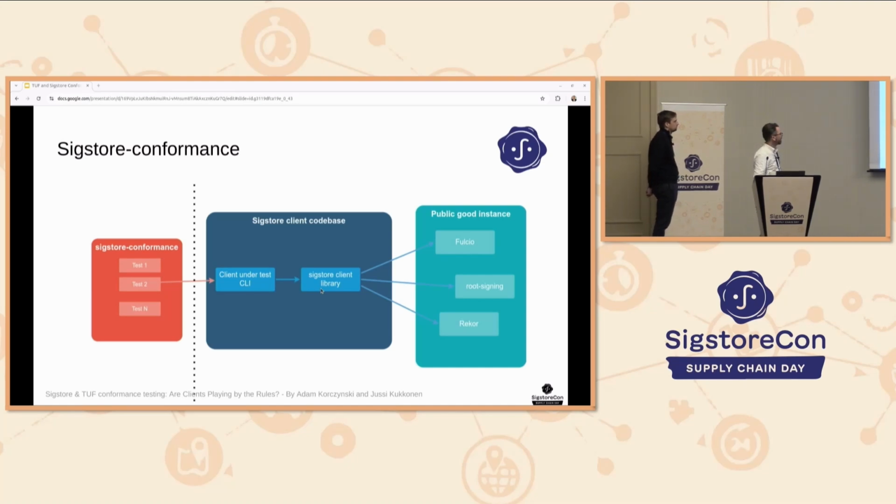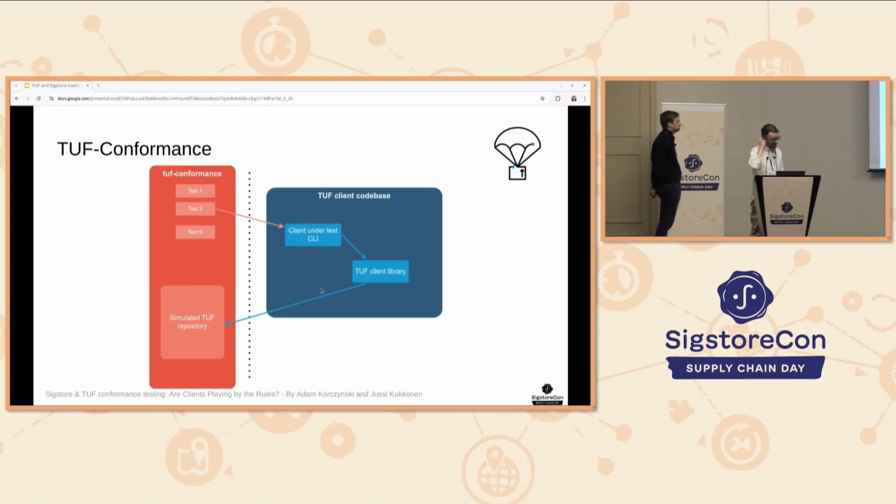Right, so if we look at the same thing for TUF Conformance, it starts really similar. The test suite calls a simple CLI that we expect to be implemented in the client code base. And then the client library connects to infrastructure to get some data to do what it needs to do. But the difference here is that the infrastructure is actually controlled by the test suite.